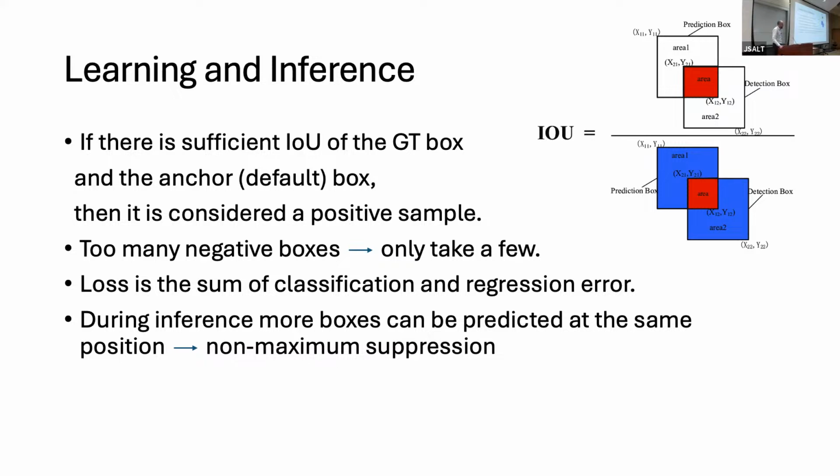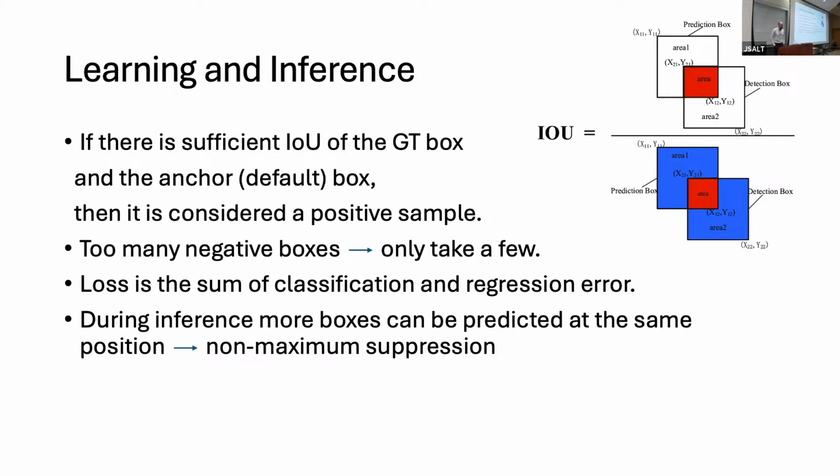And of course, there is the problem that there are too many negative boxes. Because if there are just 2 objects and you have thousands of anchor boxes, maybe just 30 of them tell you that, hey, I have sufficient overlap with the ground truth box and I can learn for the positive class. So they have to tweak it a little bit, and they just take a constant number of negative examples.